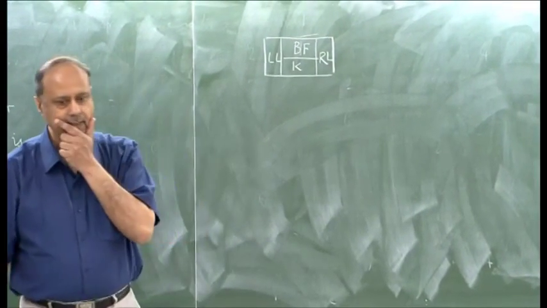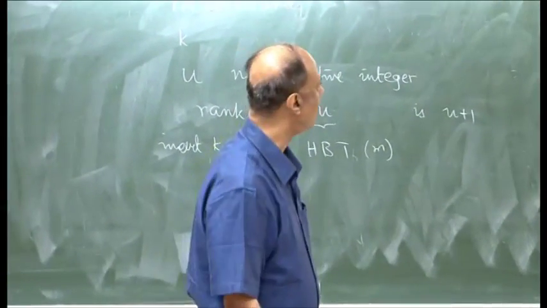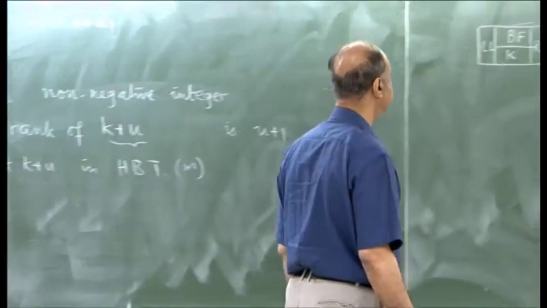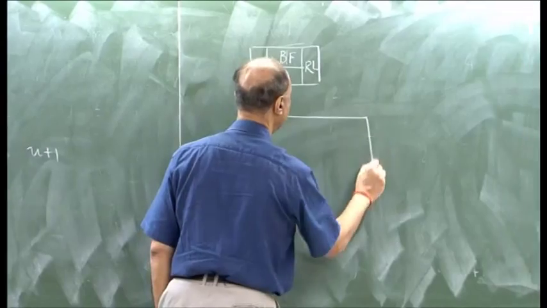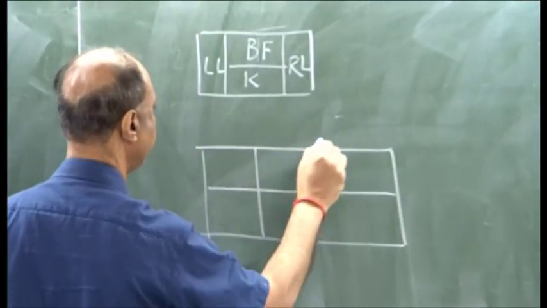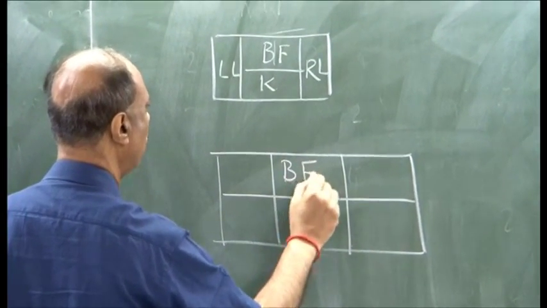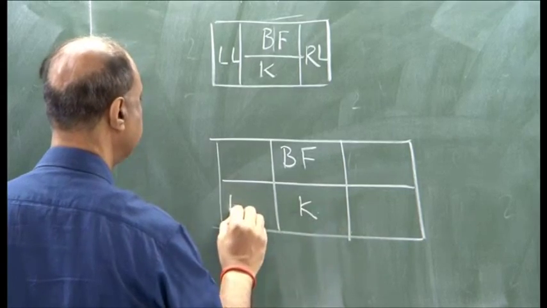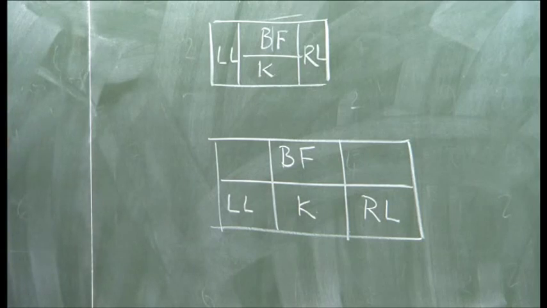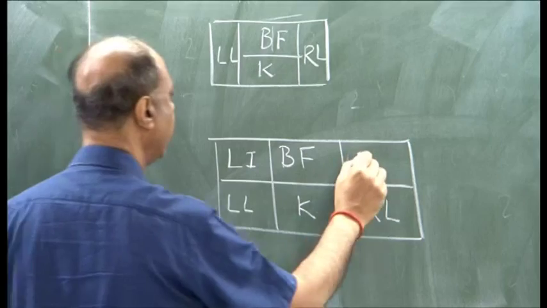Right? In our case, this node structure has been changed. Instead of having 4 fields, here we are keeping 6 fields. One is the balance factor, one is the key, one is the left link, one is the right link. And here I am putting another piece of information, Li and Ri.